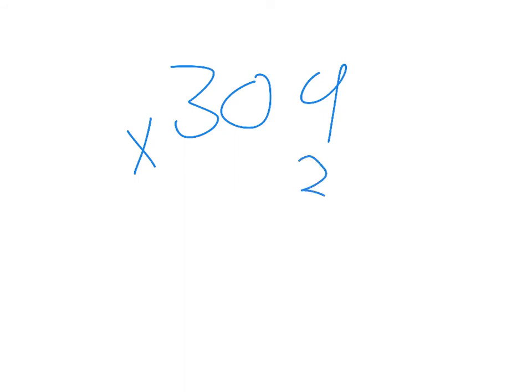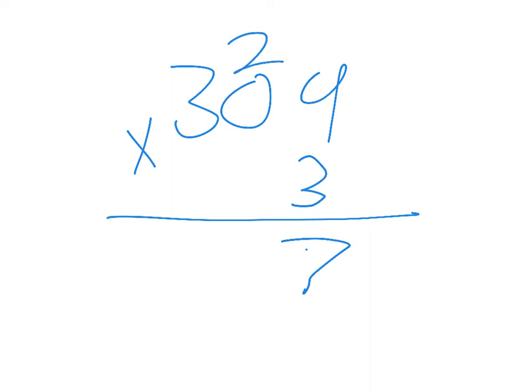So we do 309 times 3. 9 times 3 equals 27, so we put the 7 here since it's in the ones place, then we carry the 2.